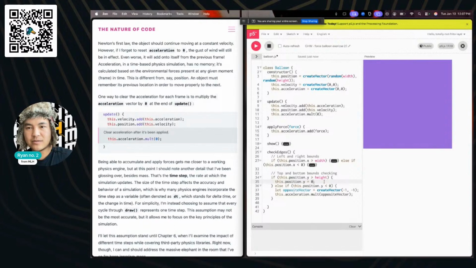Is equal to 0. Still not moving in the direction that we needed to.